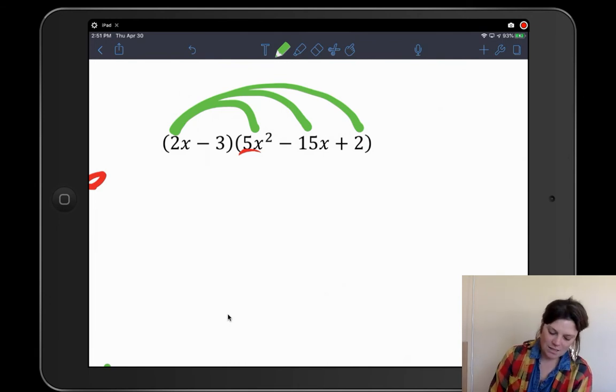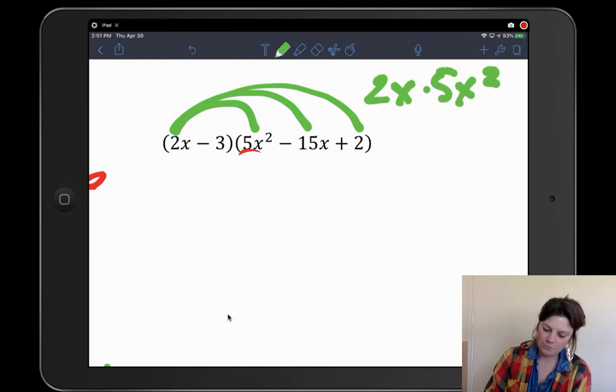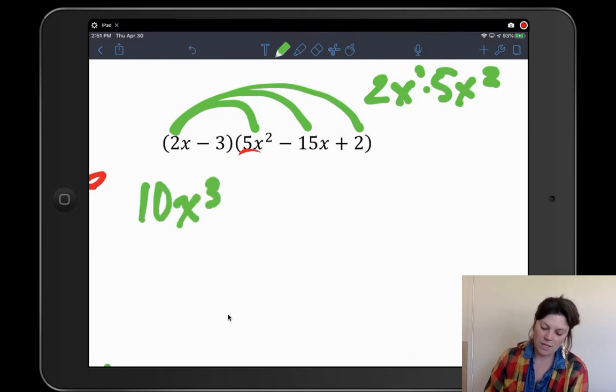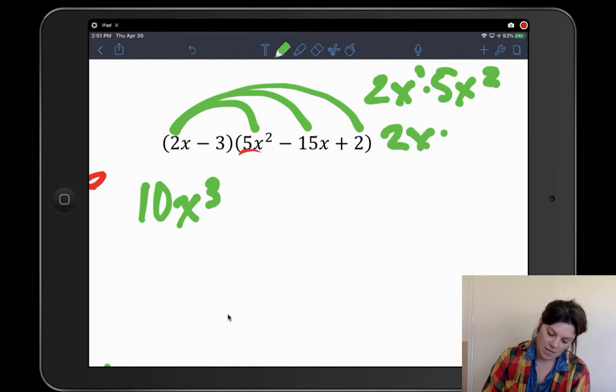So 2x times 5x squared, that looks like this. So that's actually 2 times 5 to get 10. And then you have x to the third because it's 1x, 2x, 3x. It's going to always be 2x times, and then negative 15x is the next term.